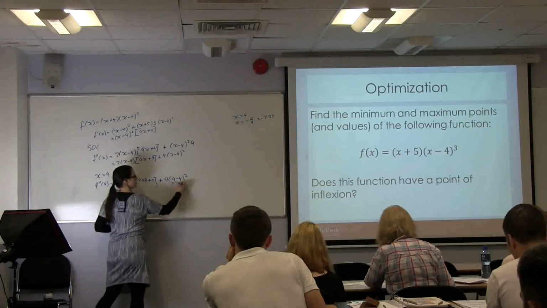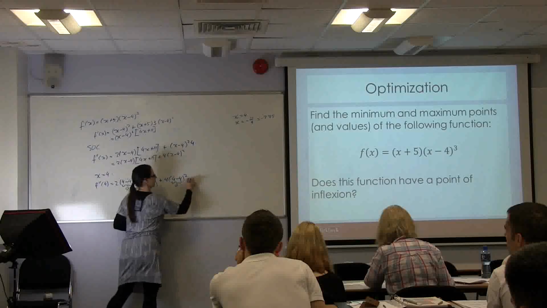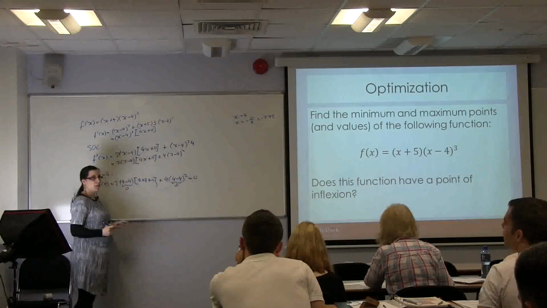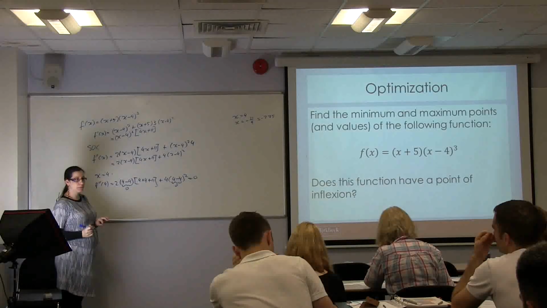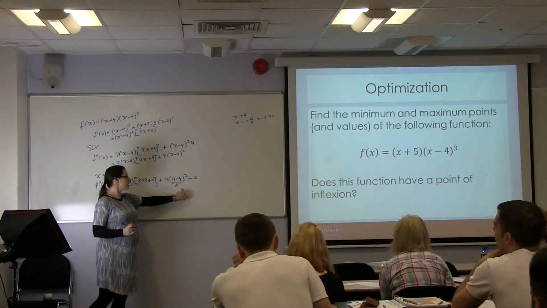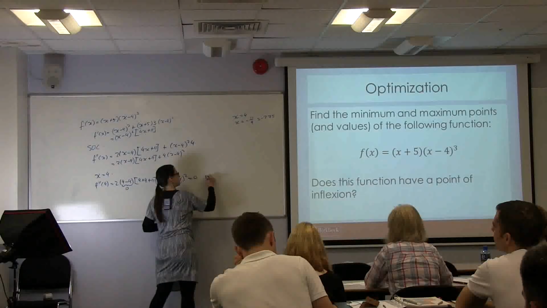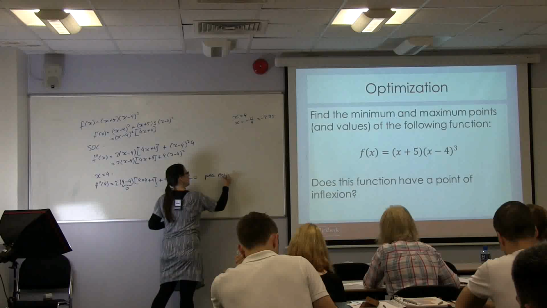And this term is 0 again. So both of them are 0. Okay, because 0 times whatever is 0, 4 times 0 is 0, so the sum is 0. So it's a possible point of inflection.